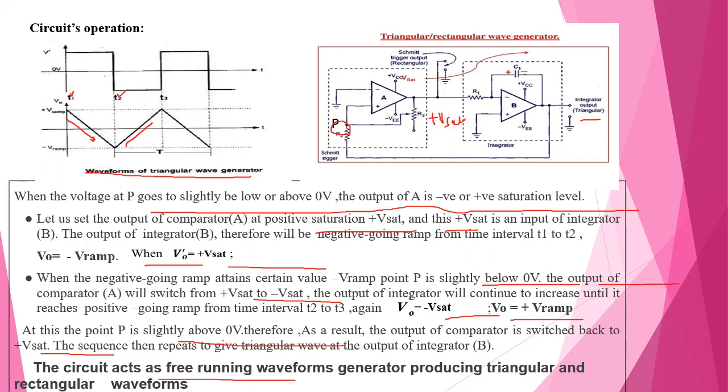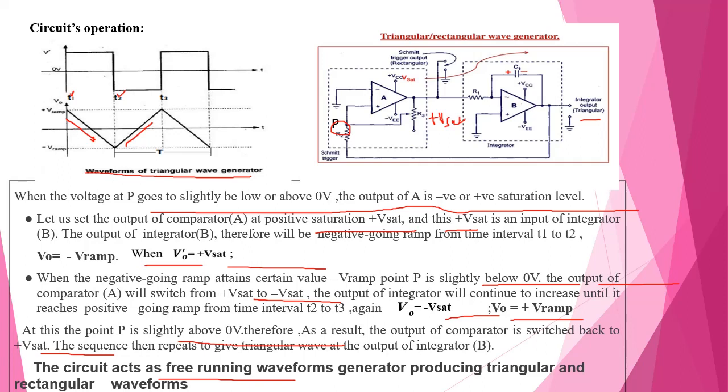Then the output of the integrator is a triangular wave. When the voltage at this point P goes slightly below or above 0 volt, the output of this comparator can be decided to be positive saturation or negative saturation.